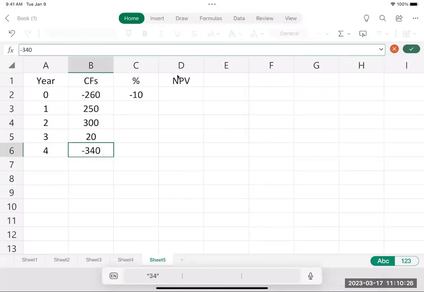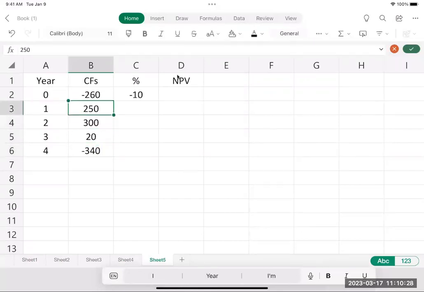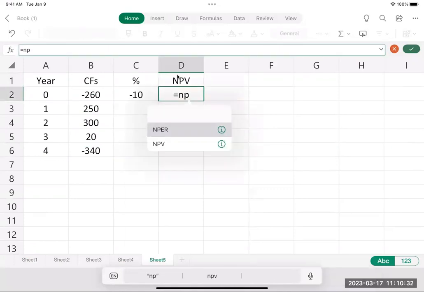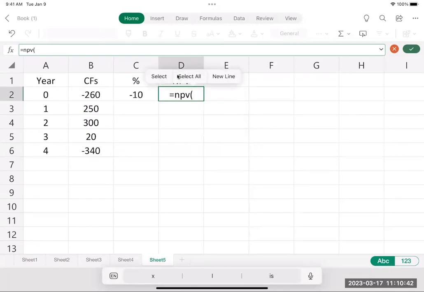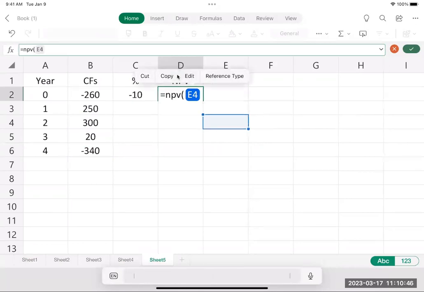Now I think I remember NPV in Excel is just the present value of future cash flows. I don't think it uses the initial cash flow, but let's see. Oh, it doesn't even tell me what I'm supposed to put there. Hold on. I need to go into my other Excel.